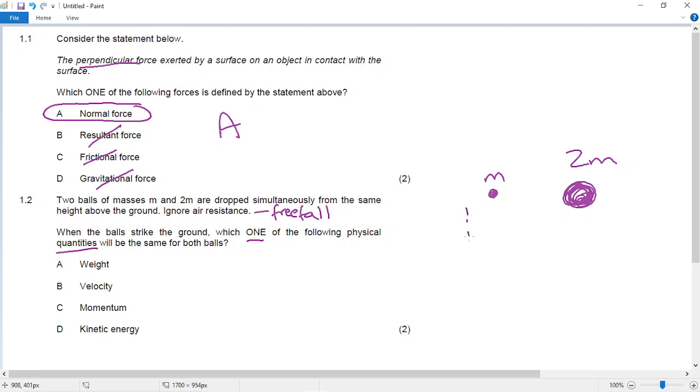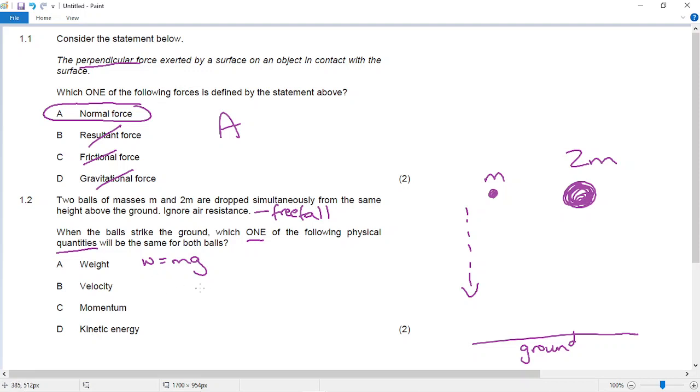So we're going to drop these balls and they're going to drop downwards under the influence of gravity and hit the ground. So if we want to calculate it, let's have a think here. How would we calculate the weight? Well, the weight is equal to the mass times the gravitational force. The velocity, this we would have to use equations of motion, Vi, Vf, a, delta t.